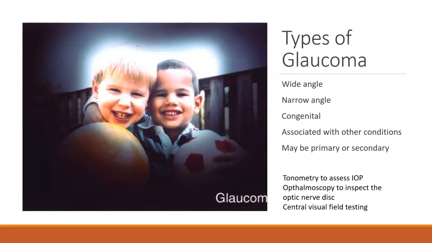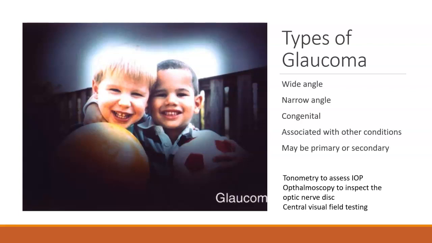With chronic, that's where clients experience a significant loss of their visual field, and they typically also have pain and headache that goes along with that. This can be associated with other conditions, as we mentioned, like diabetes or cardiovascular disease.